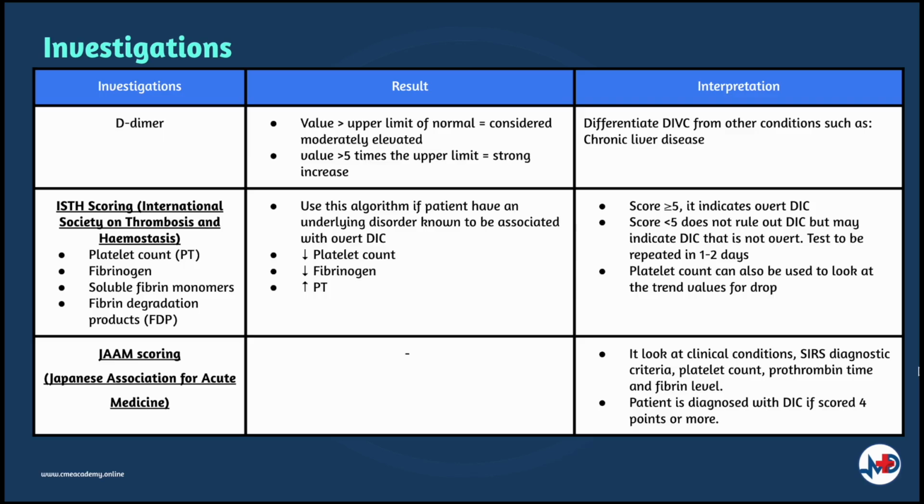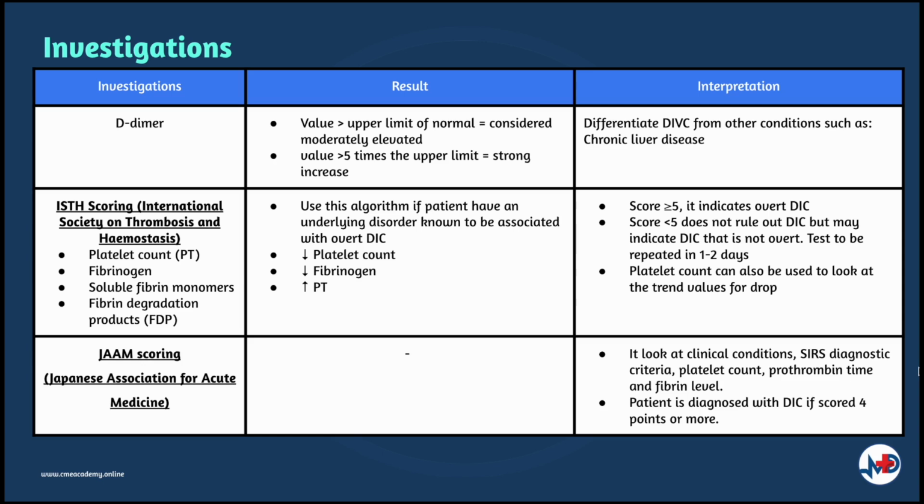When it comes to investigations, first order a D-dimer, where a value above the upper limit of normal is considered moderately elevated. A value above 5 times the upper limit is a strong increase. ISTH scoring, or International Society on Thrombosis and Haemostasis scoring, can be used. Proceed by using this algorithm if patients have an underlying disorder known to be associated with overt DIVC.